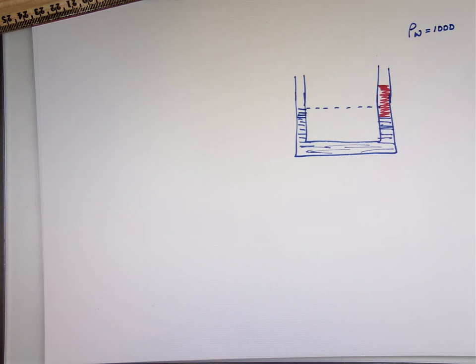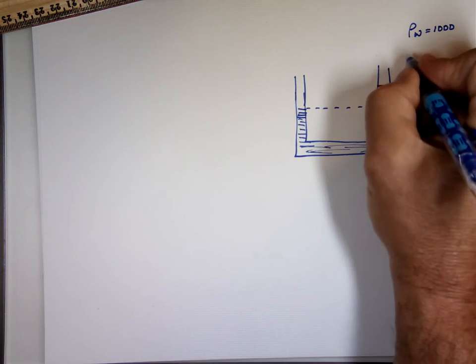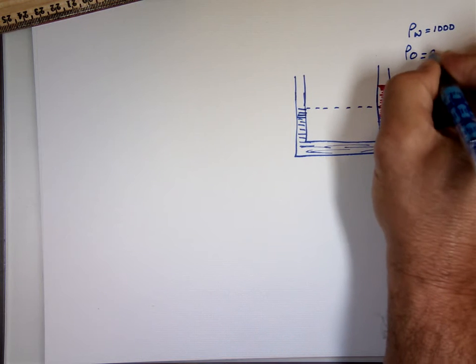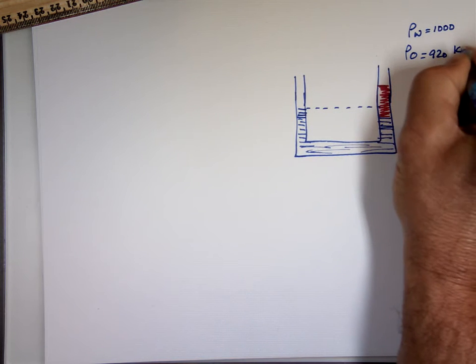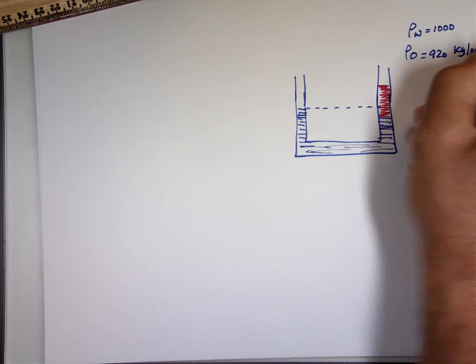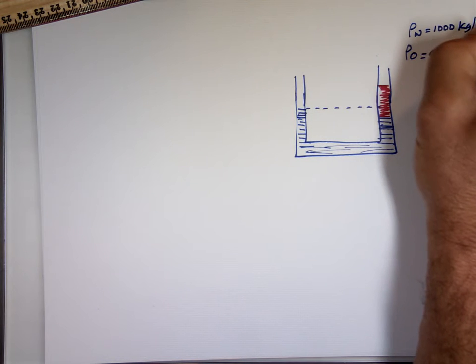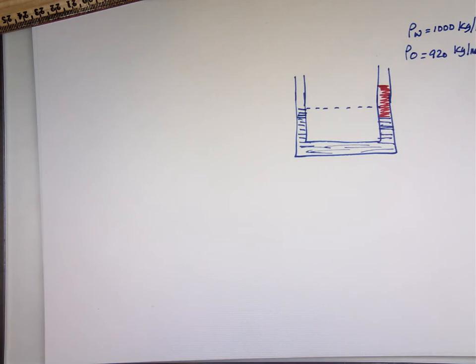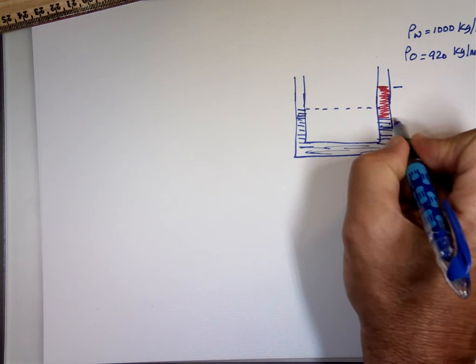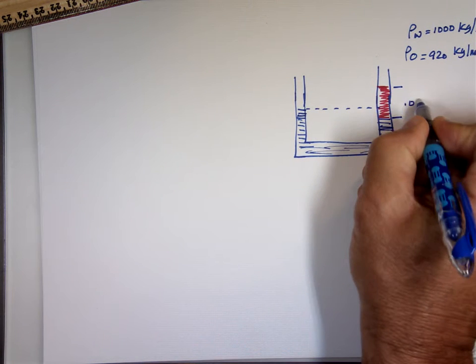Rho for oil is 920 kilograms per meter cubed. If the depth of the oil is 5 centimeters, that's 0.05 meters.